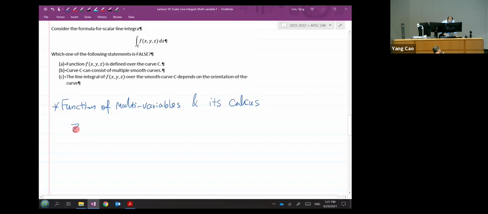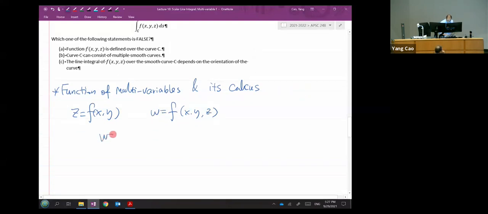All right, a multivariable function will look like this, which we have already known. You have a function of two variables. If you have a function of three variables, then you write it, right? Instead of z here, you define a new variable w. And those are multivariable functions.